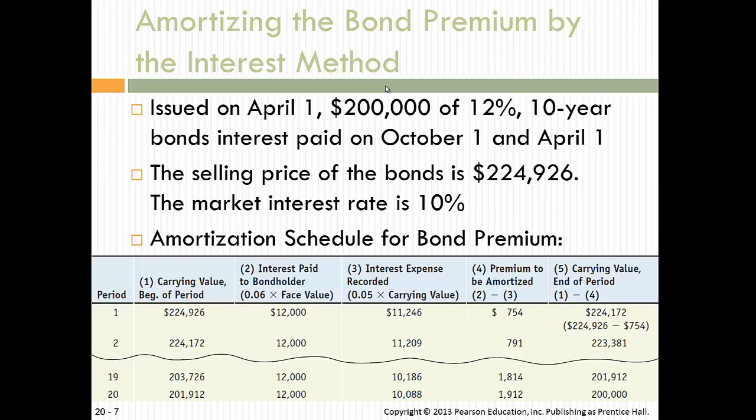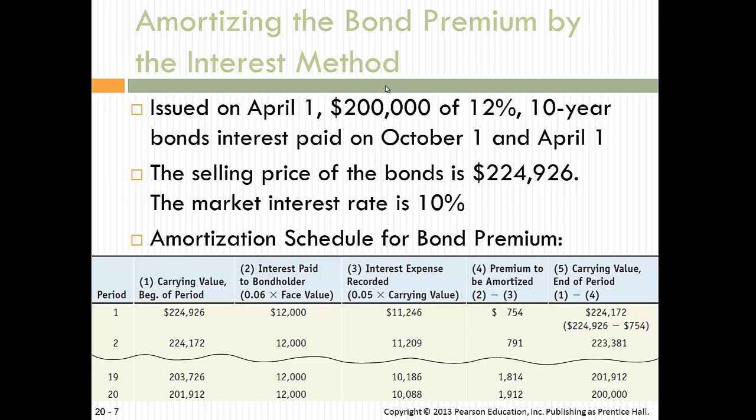The interest paid to bondholders stays the same because it's based on the contract rate of the bonds, not the market rate. The interest expense is the market rate times the beginning carrying value, but remember we only use half of the market rate because our calculations are for half a year.